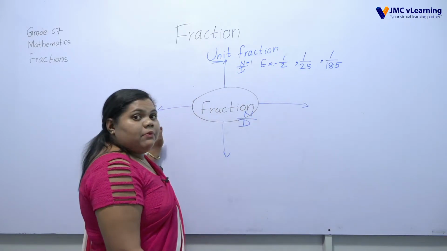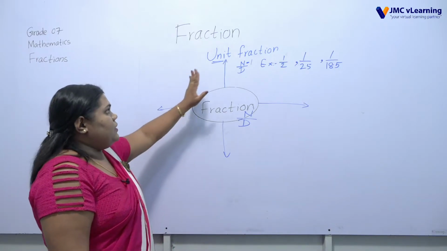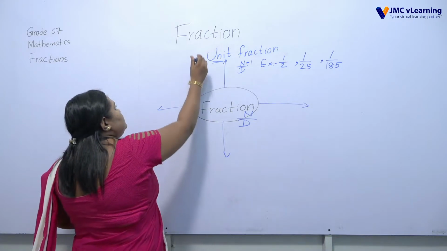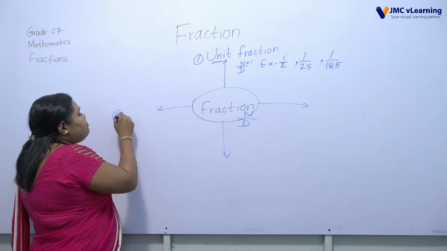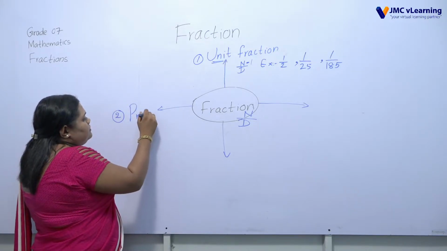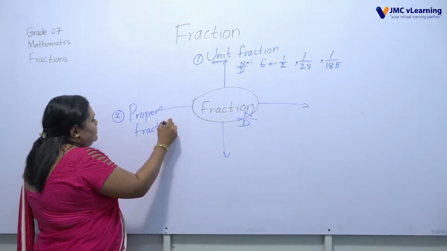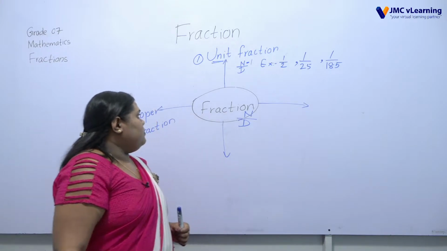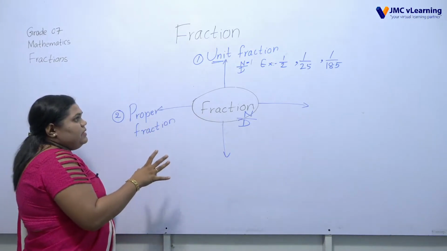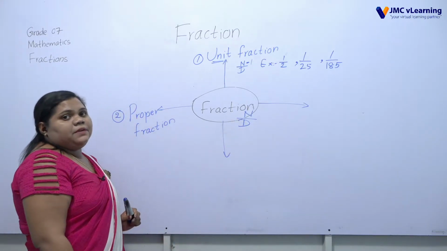Now I am going to teach you about proper fractions. Unit fraction is the first one. Now the second one is the proper fraction. Children, you know a fraction has two parts, the denominator and the numerator.